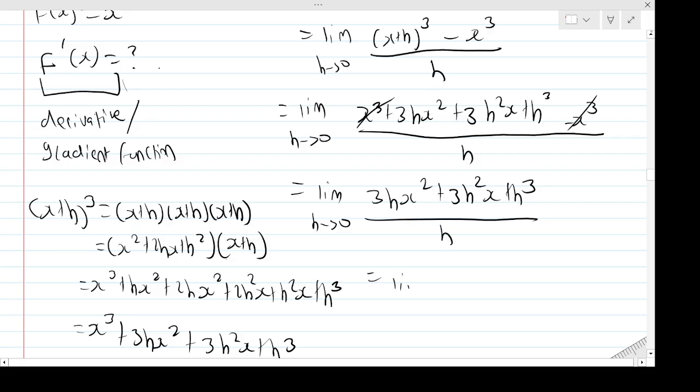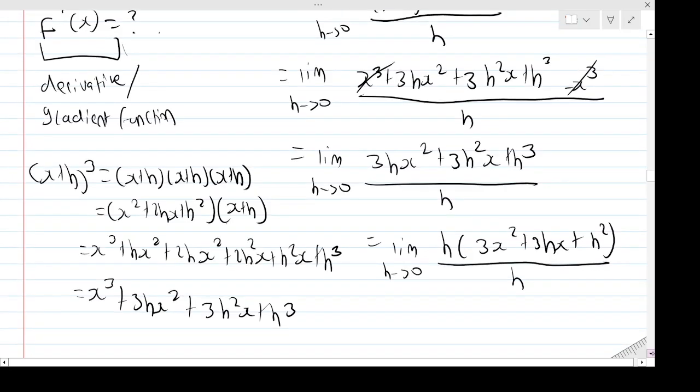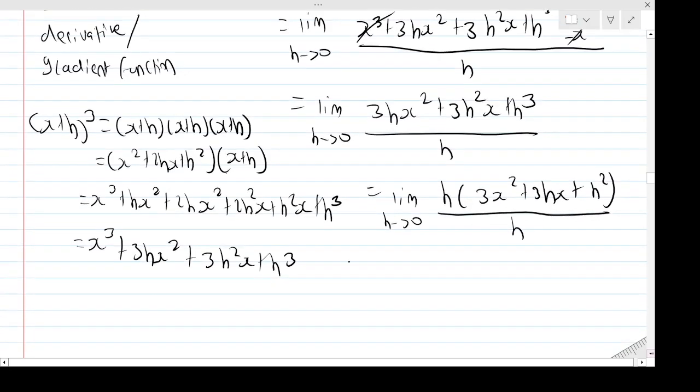So it's going to be the limit as h tends to 0. Then if I factor an h on the top, I get 3x squared add 3hx add h squared all over h. And then again I can cancel the h out. So I'm left with the limit as h tends to 0 of 3x squared add 3hx add h squared.